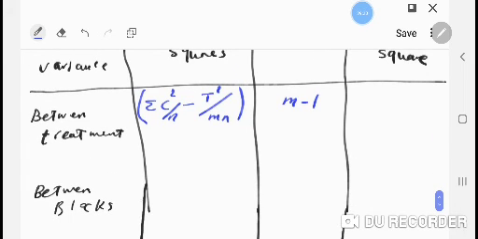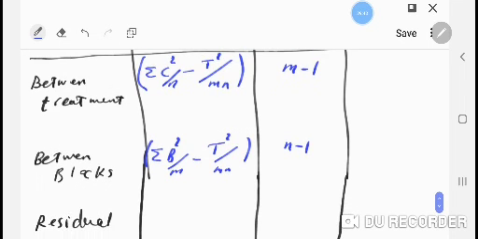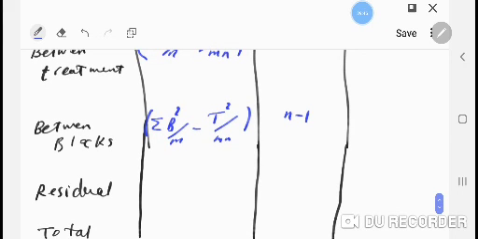And to calculate the sum of squares between blocks you can use this formula, sigma B2 per M minus T2 over Mn, with N minus 1 degree of freedom.